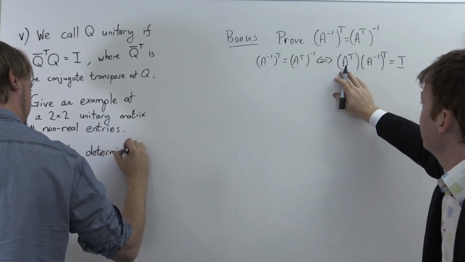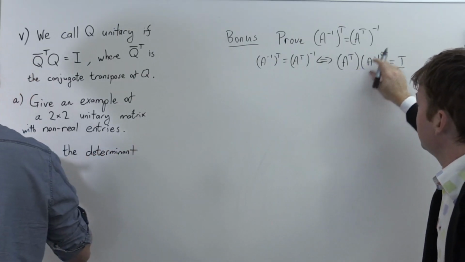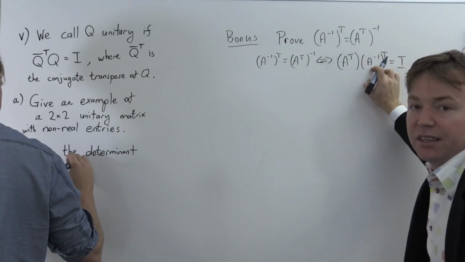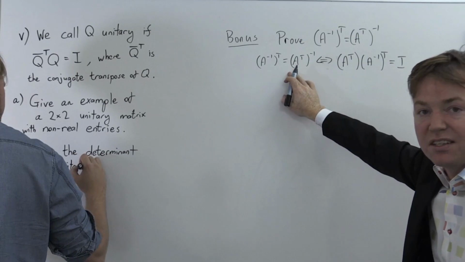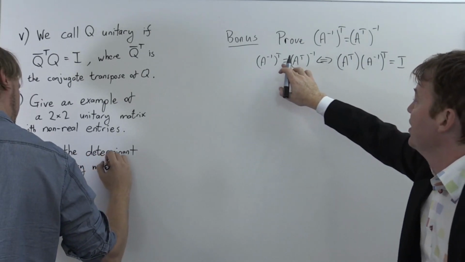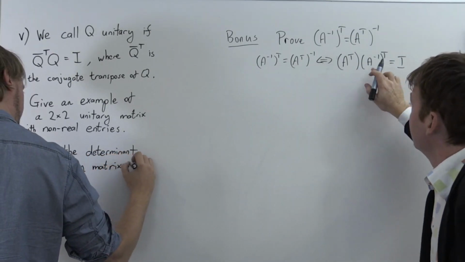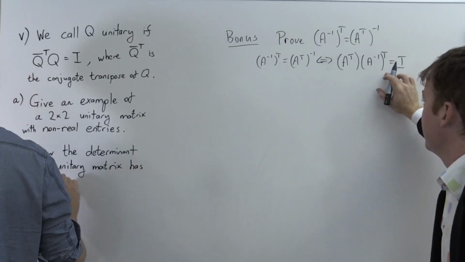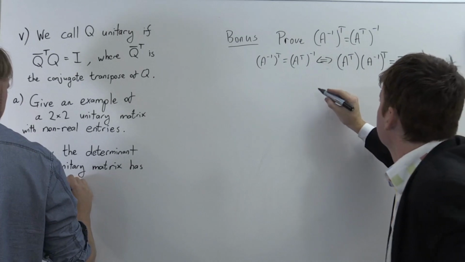This is the property of being an inverse. If a matrix times some blob is equal to the identity matrix, then this blob must have been the inverse. This is the definition of inverse. This blob is the inverse precisely when A transpose times blob is the identity matrix. And this is something we can work with.